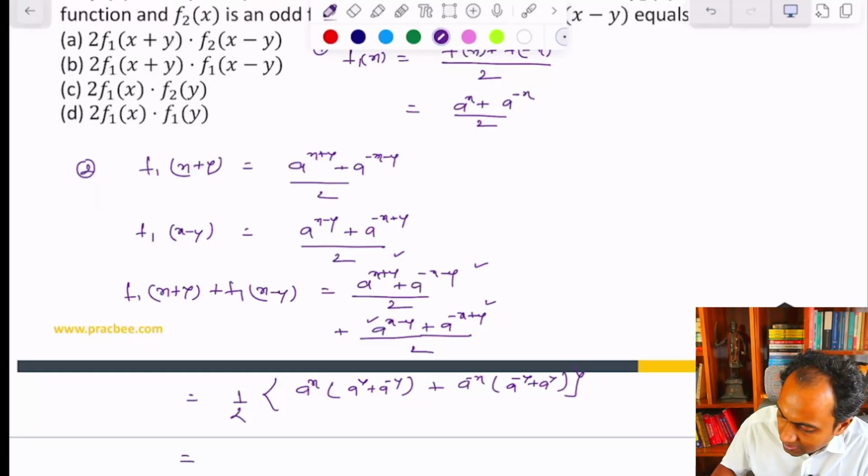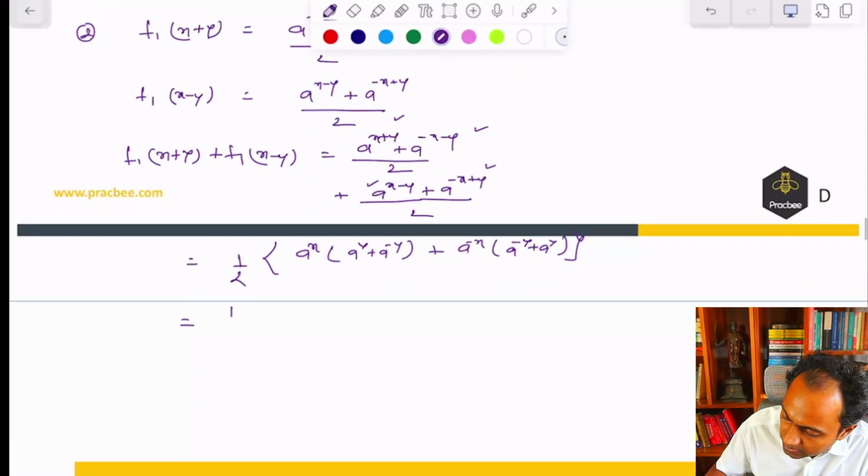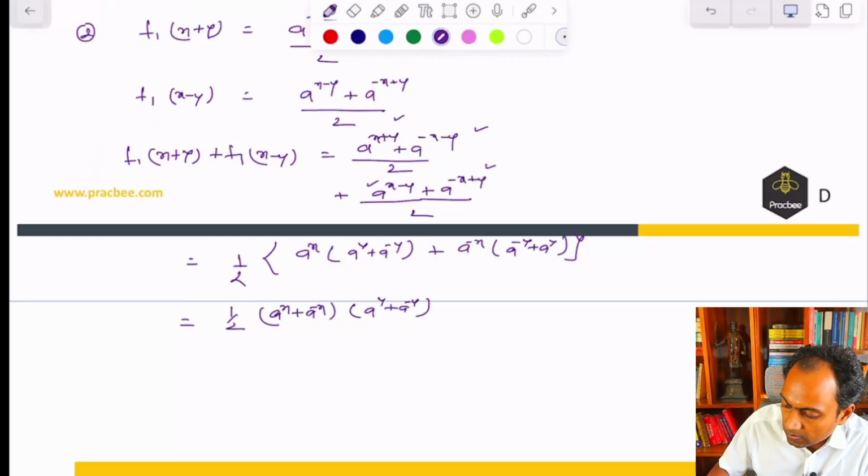Now again, this can be rewritten as 1 by 2 times a raised to the power x plus a raised to the power minus x, and a raised to the power y plus a raised to the power minus y, which in turn can be written as 2 times f1 of x, this is 2 times f1 of y.